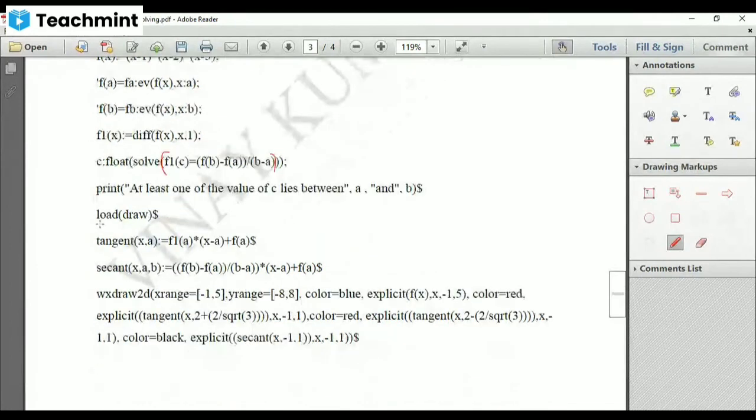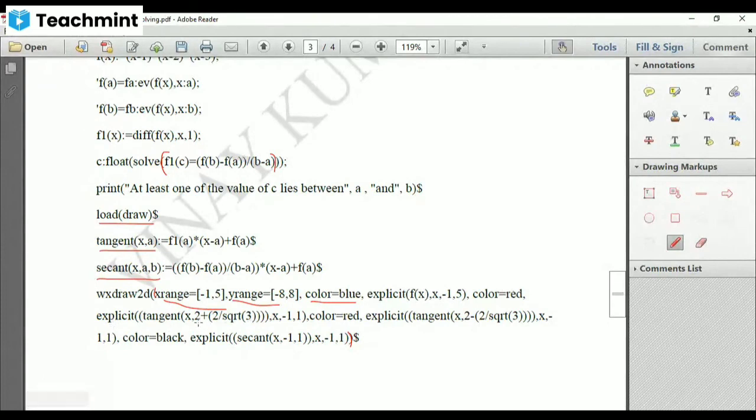Now to draw the graph, you have to use load draw. Define the tangent equation and the secant equation, right? Within wx draw 2d, within these two brackets, you have to write the commands: x range, y range, comma, color for the function. And since there are two tangents, you have to define it two times.